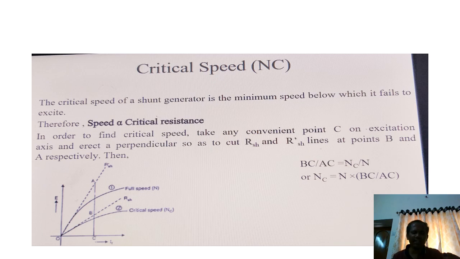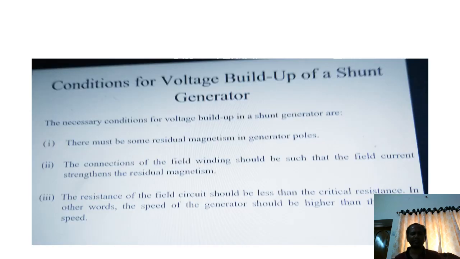So we are getting this type of characteristics. This is the full speed. This is the critical speed. So this type of characteristic we are getting.